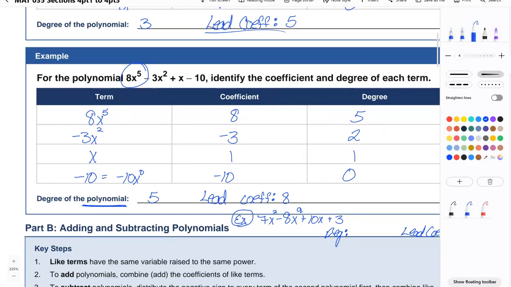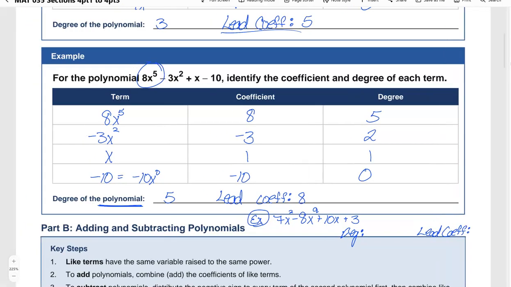So I'm thinking about what my leading term would be. Now, in this example, notice that the exponents are not in descending order like the other ones. So we could really view this as a minus 8x to the ninth. Notice I kept that sign with it. And then we have a 7x squared term, and then a 10x, and then a 3.